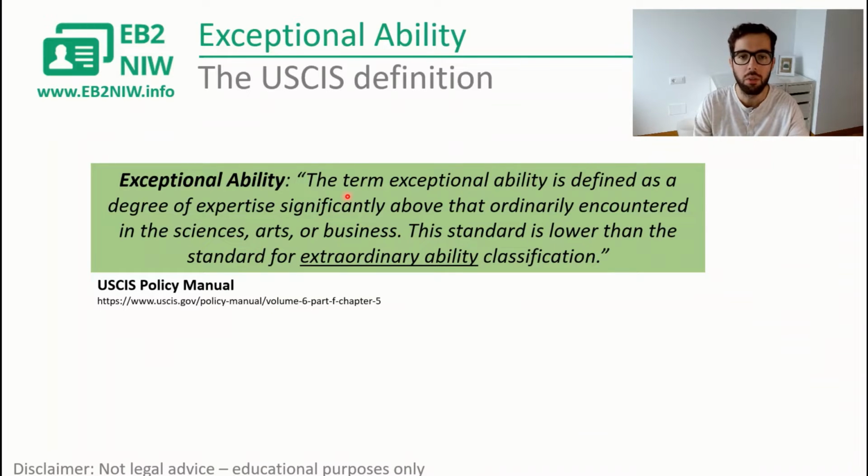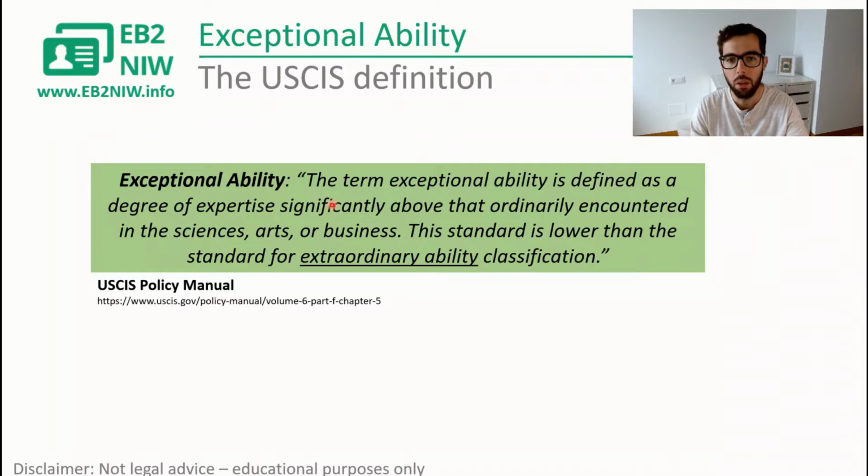So exceptional ability for USCIS means, and I'm quoting literal text from the USCIS Policy Manual. I have another video talking about different websites that you can use to get information, and I'll leave a link here on the corner. The USCIS Policy Manual is a very important resource that you should really look into if you are doing this do-it-yourself application.